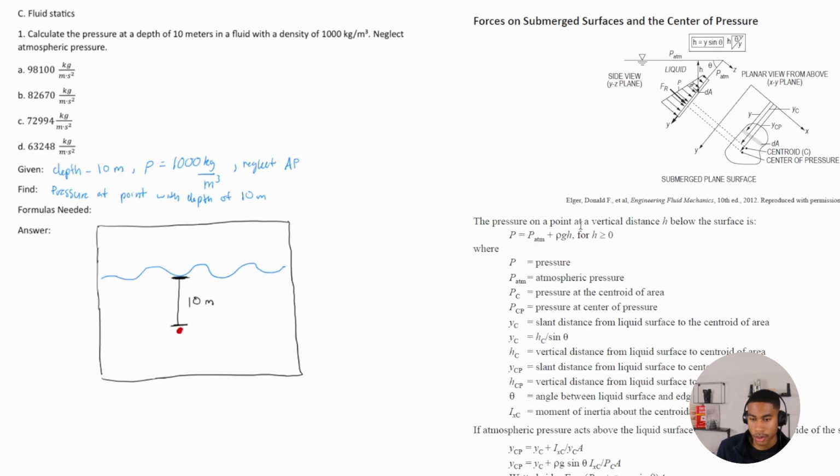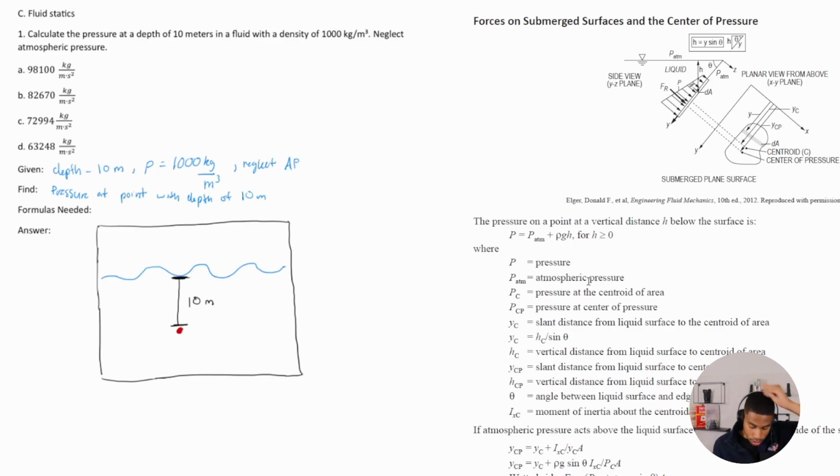The pressure on a point at a vertical distance h below the surface is P is equal to, what does P stand for? P is pressure. P atmospheric, or PATM, is atmospheric pressure, which we're neglecting. The rho is density. That's the symbol for density. G is gravity. And then H is that vertical distance.